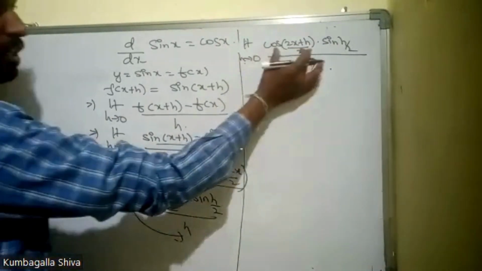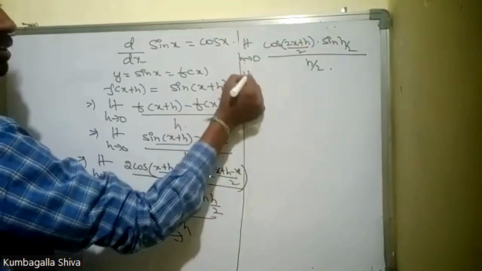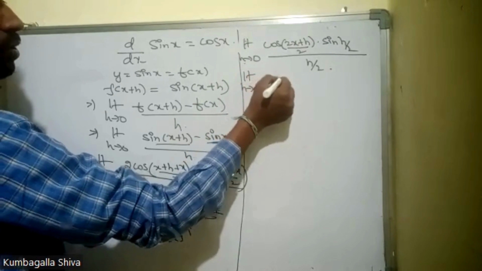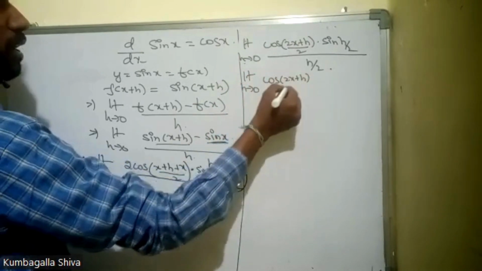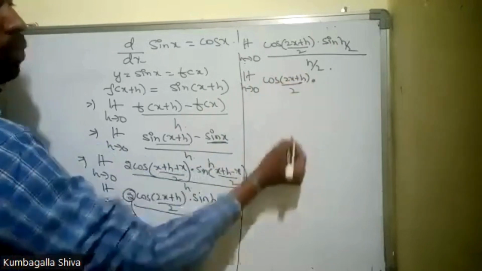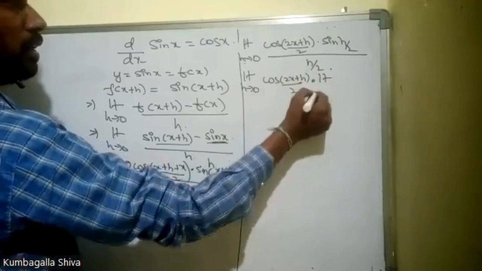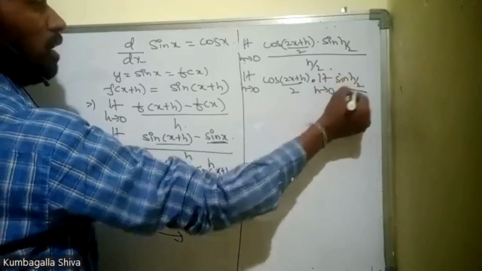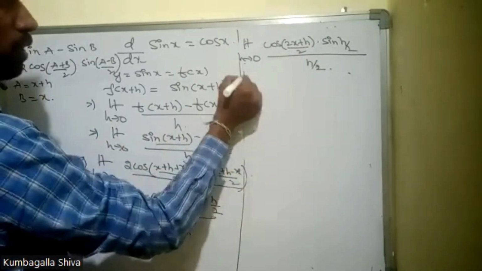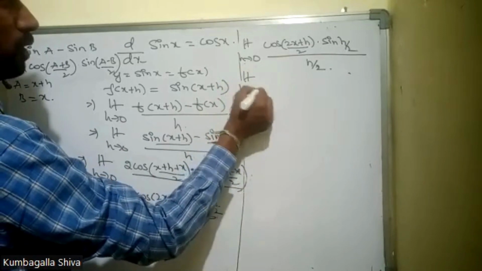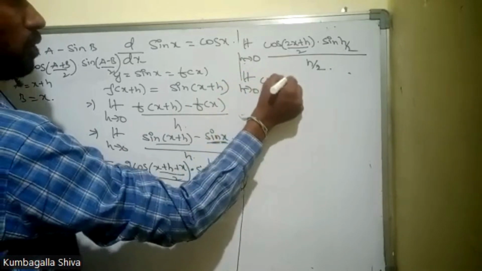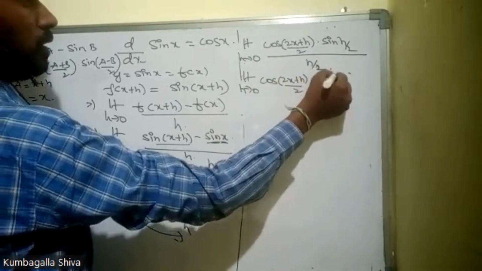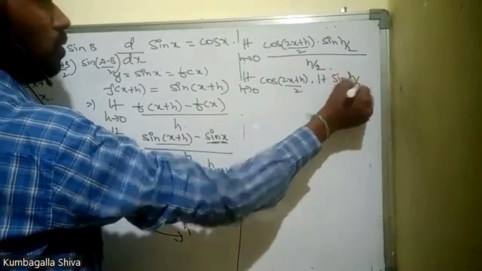Now since it is a product, we can split it: limit h tends to 0 of cos of (2x plus h) by 2, into limit of sin h by 2 by h by 2.